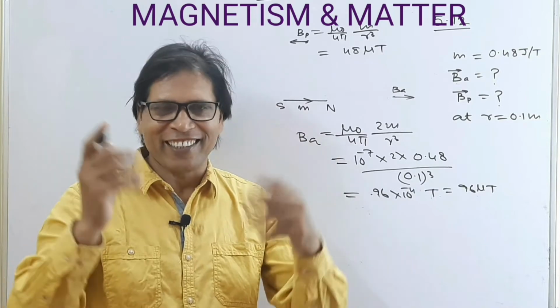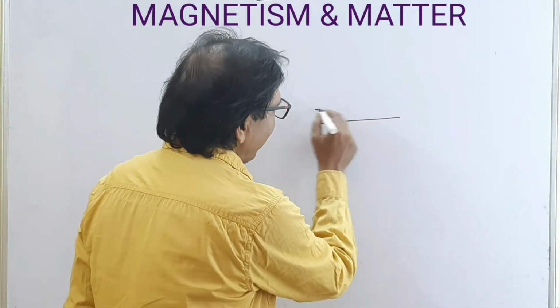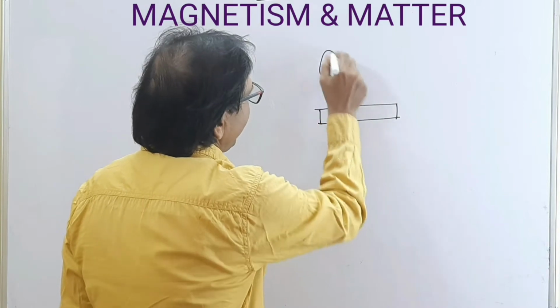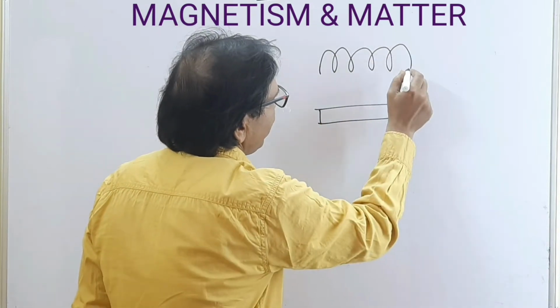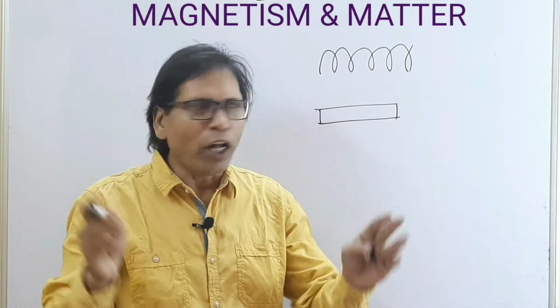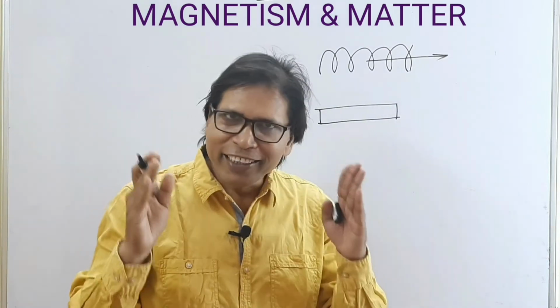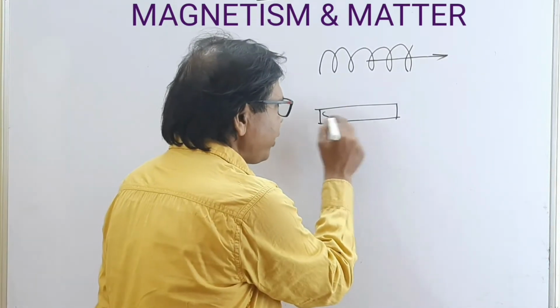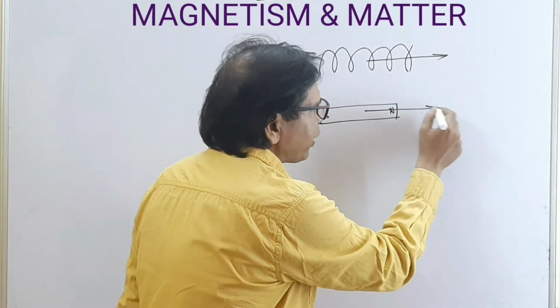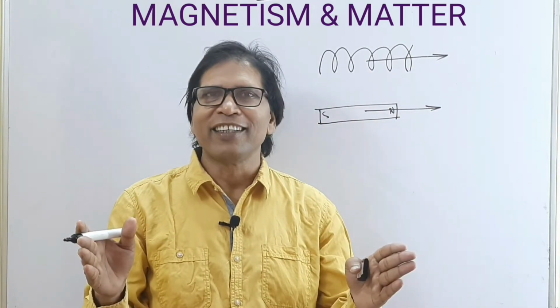Okay? Now next, the similarity between a bar magnet and a solenoid. Look at this, this is a bar magnet, and this is a solenoid. The magnetic field due to a solenoid is directed along its axis. In the same way, the magnetic field due to a bar magnet is directed along its axis.